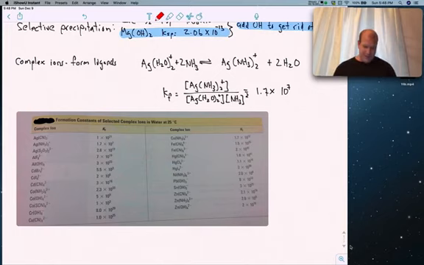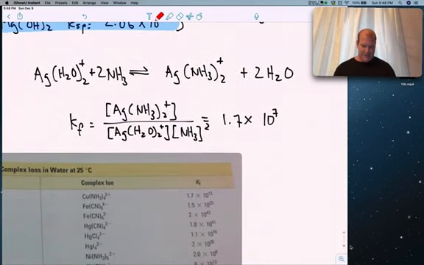But if you look at this complex ion, we have silver complexing with water and with two ammonias to form the silver ammoniated complex. And the Kf, the formation constant, is 1.7 times 10 to the 7th. So this is huge. One of the things I like about these is that whenever I'm doing equilibrium, the numbers are so tiny.